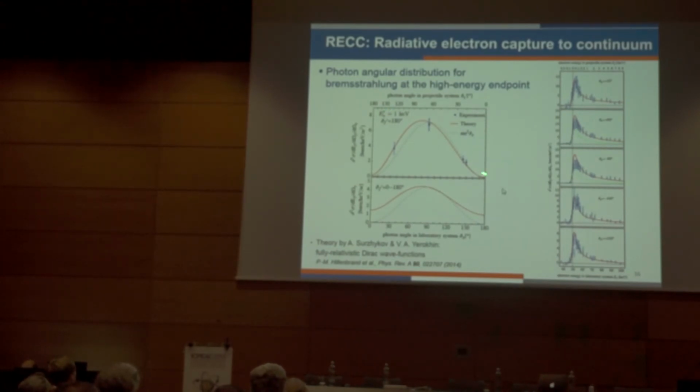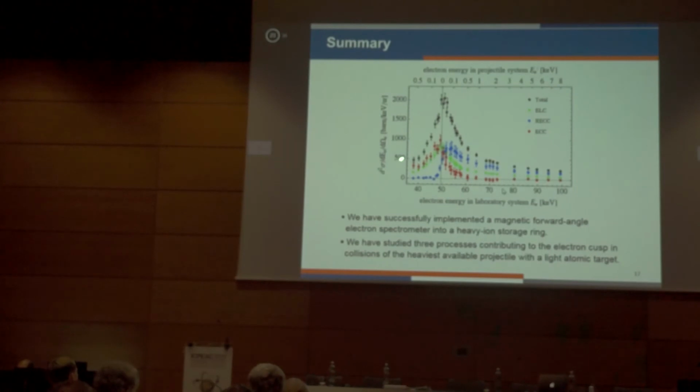And it's roughly a sine-squared distribution with a slight deviation due to the fully relativistic treatment if you calculate this. So you can read this in another paper. That means, I can stress, this is one experiment where we observed 3 different processes, and for the specific collision system, all of these 3 processes contribute roughly equally.